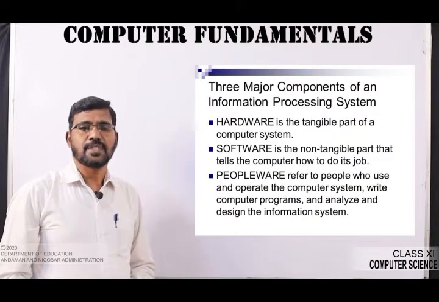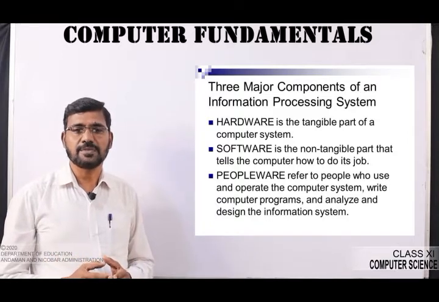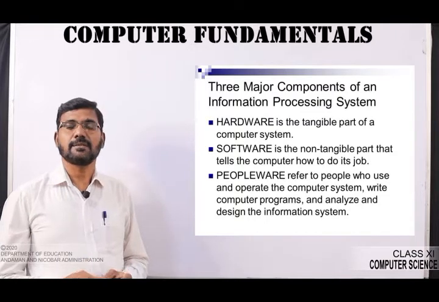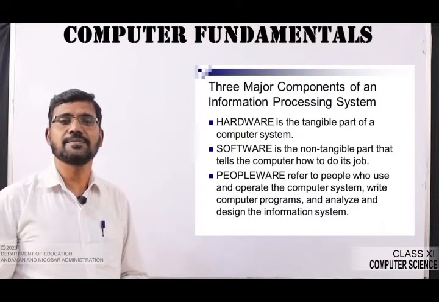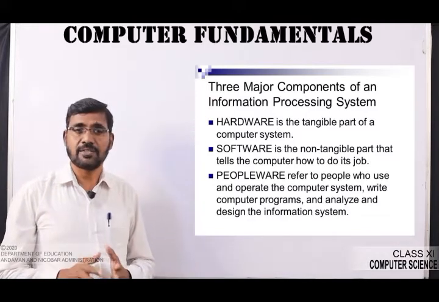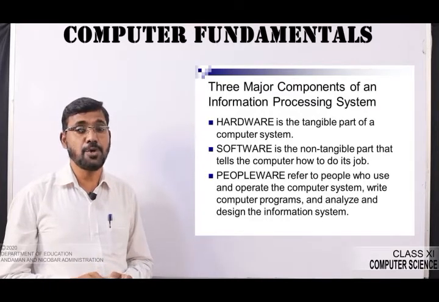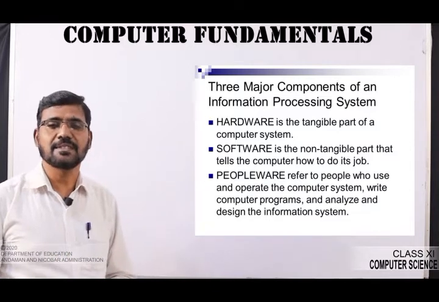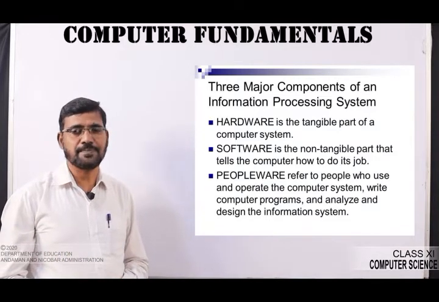Next, the three major components of an information processing system. Whatever processing you do, these main components are required: hardware, second software, third peopleware. Hardware is the tangible part of the computer system.